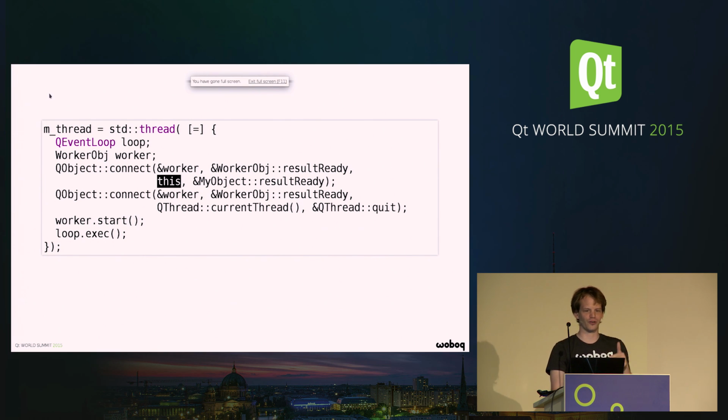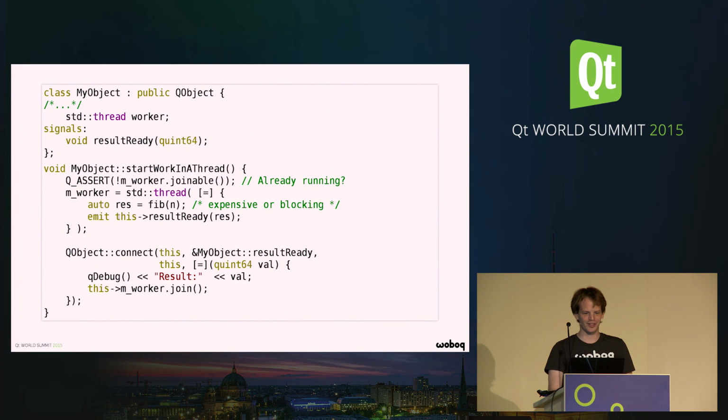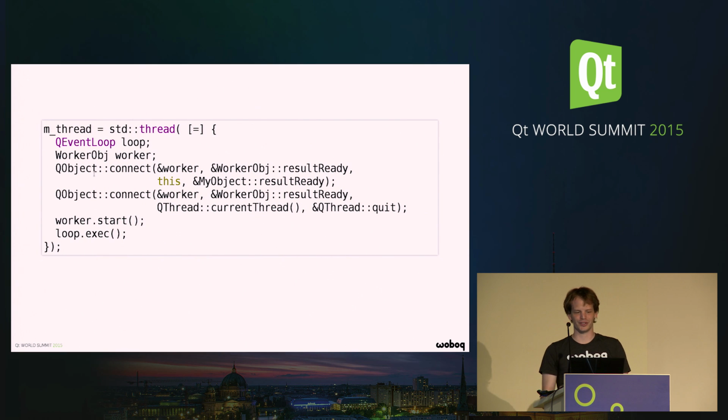In that case, this object was my object, which had a resultReady signal, and same here. As you see, I call QThread::quit, and this will basically end this event loop and quit the std::thread.